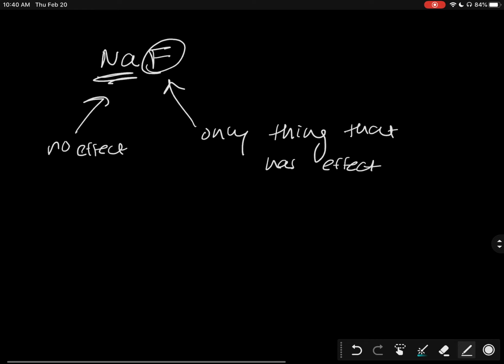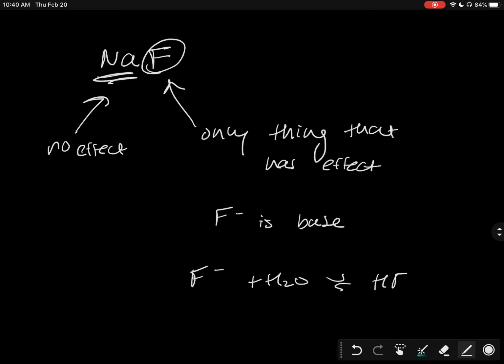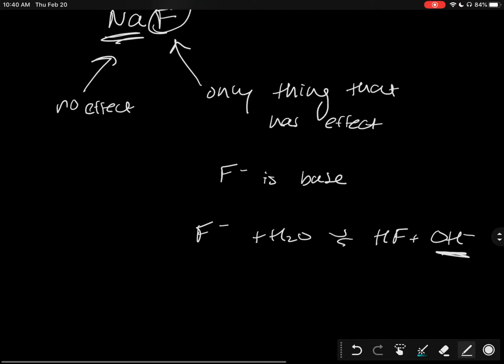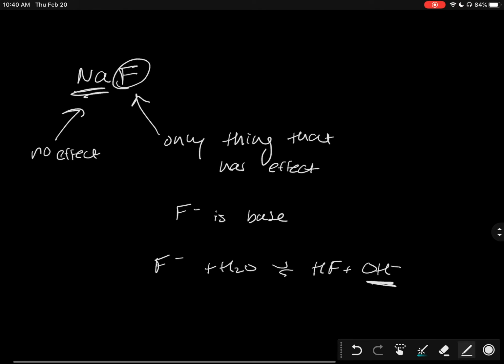F minus is a base. If we put it in water, it will form a little bit of OH minus, right? So it will be basic. We can ignore this one. This will have an effect on pH, so therefore this will give us a basic salt.